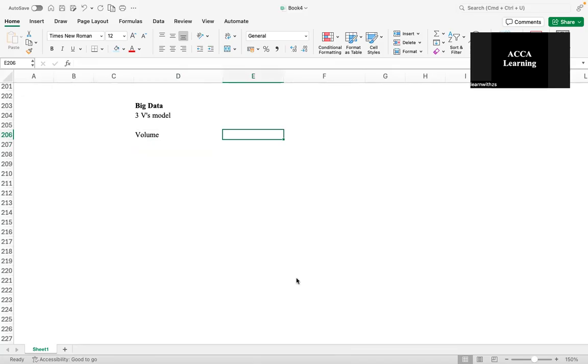So if you have to write it in one line, you would say volume refers to the enormous quantity of data available, the data which is generated.